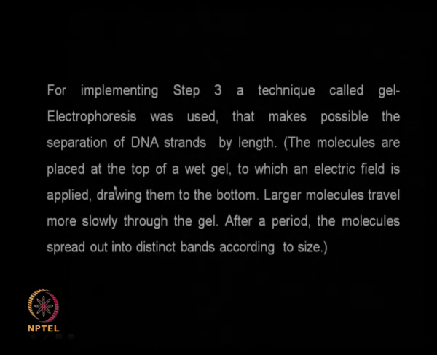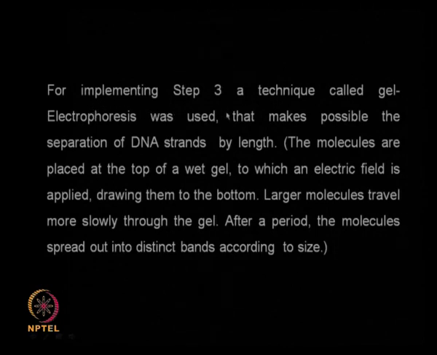How is step 3 implemented? Step 3 is, you have to make sure that all the paths are of length 7. Because a node is represented by a 20-letter sequence, here the DNA strand should be of length 140. 7 nodes should be represented by 7 into 20, 140.